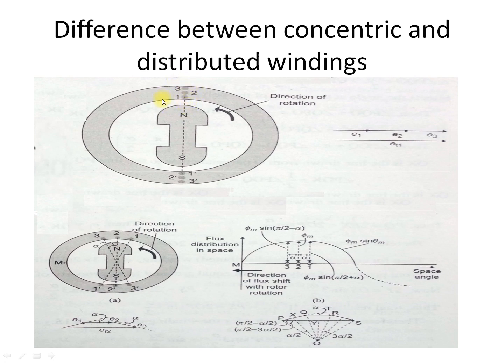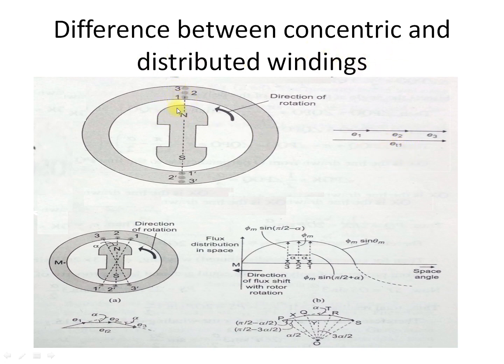So we will be having three layers of that particular slot. Then we will be having the EMFs added as they are in the same phase. So E1 plus E2 plus E3 will be added up to ET1. Okay, so this is going to be a concentric winding.